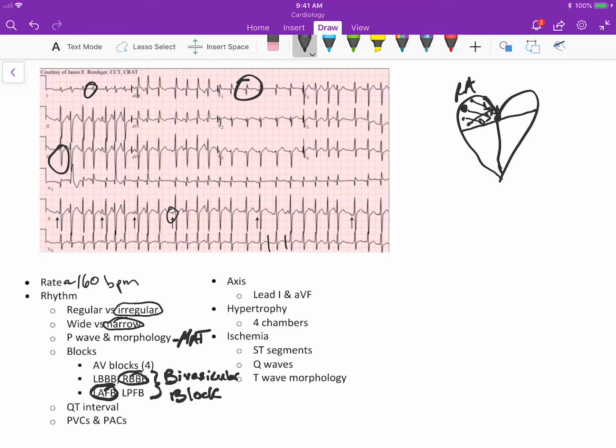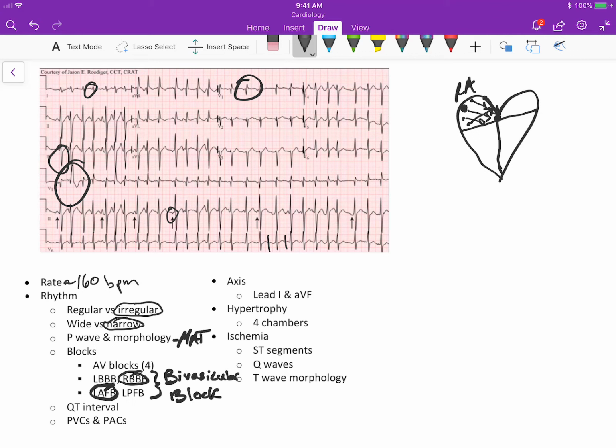Don't see any PVCs or PACs that I can see. PVCs, of course, would be wide, complex beats. There might be one. You could make the argument that's one right there. Yeah, not really seeing any other abnormal random beats.